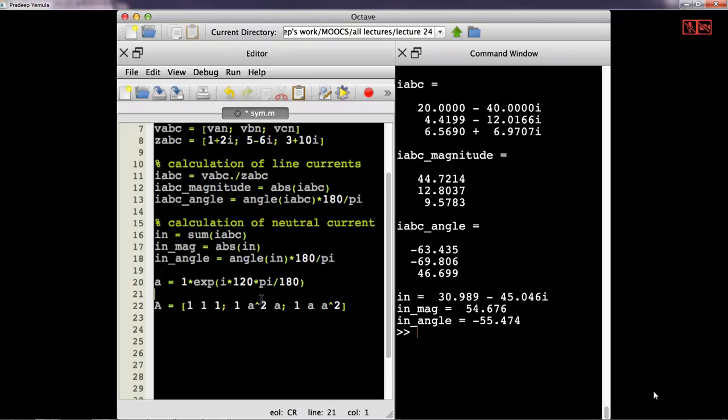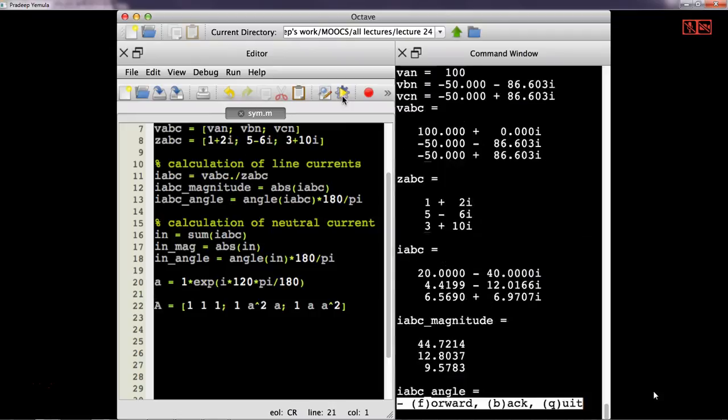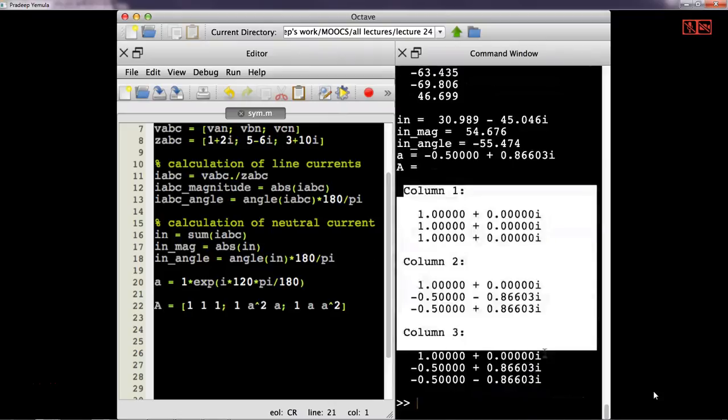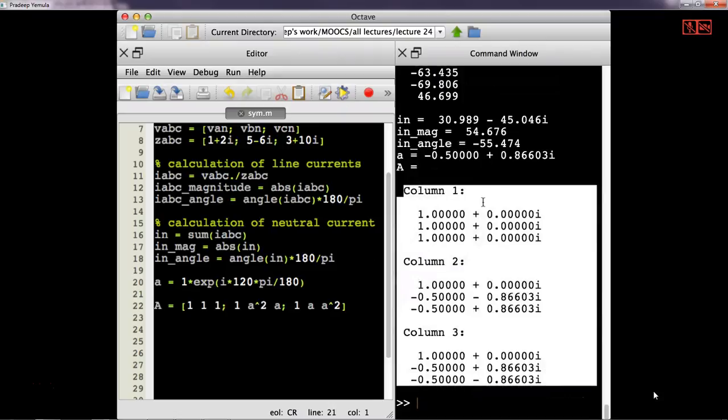If I now execute the code, you can actually see the A matrix. If I run this code, you can see on the right hand side, this is the A matrix: column 1, column 2, and column 3.